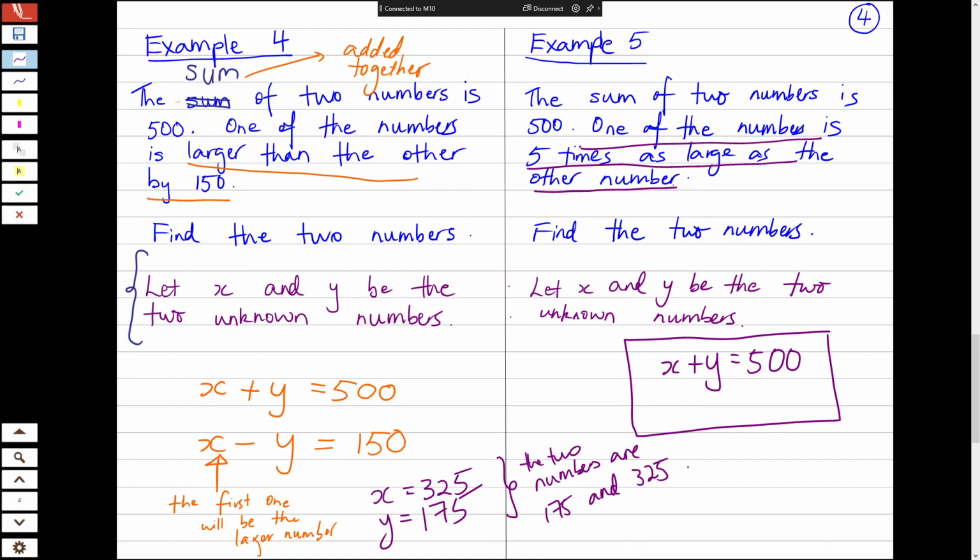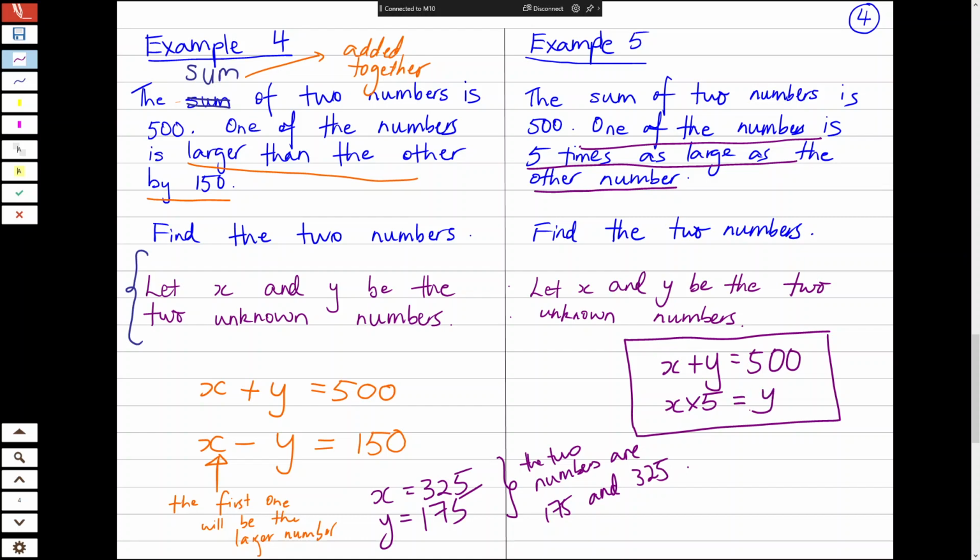So I'm still going to say x and y are two numbers. How can I put this sentence into an equation? Go for it, Em. X times 5 equals y.